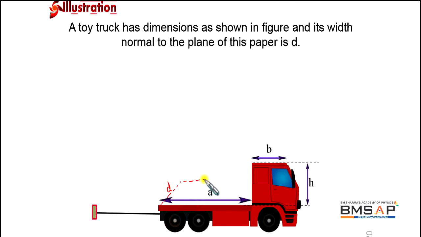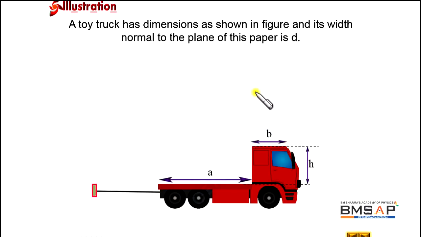That means the area of this surface is A multiplication d. Similarly, the area of the top of the cabin is B multiplication d, and the area of this vertical face is H multiplication d.